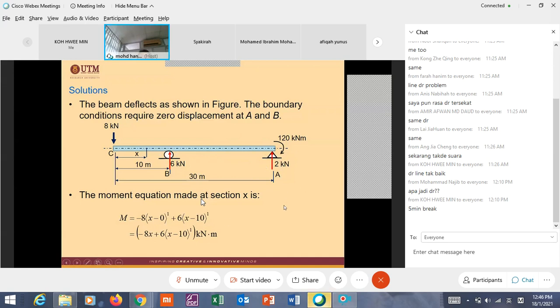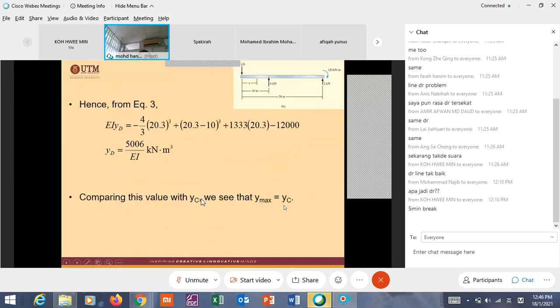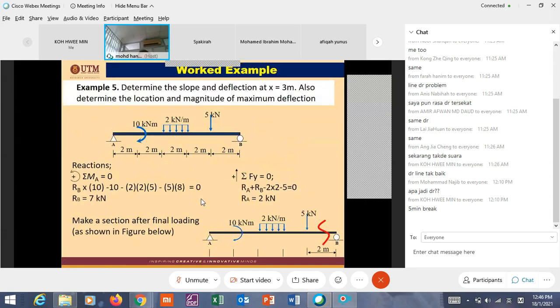So therefore, it is considered already. So this is Macaulay method.